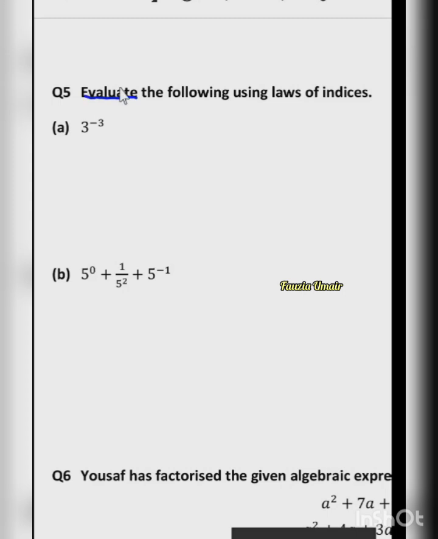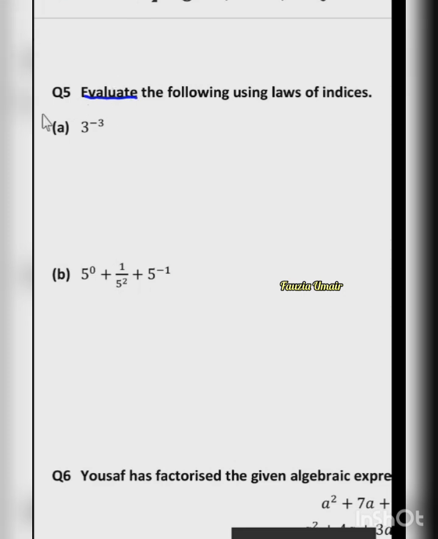If this question is in the paper, first of all, you need to understand the question. Question is saying evaluate the following using laws of indices. So what we need to do? We discussed this keyword in the class also. Can anyone tell me what does this mean?